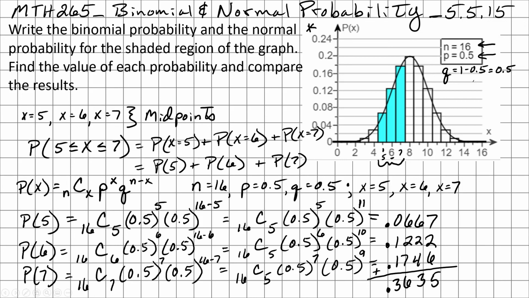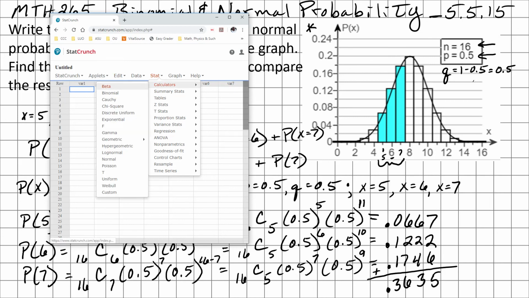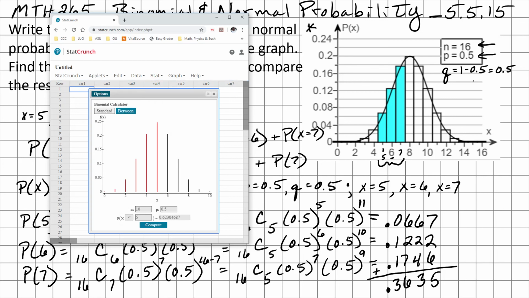Now, let's use StatCrunch to do this. StatCrunch is going to be an easy way of calculating the binomial probability. So let's bring that in. You'll log into StatCrunch through your problem. Once you're in there, you're going to hover over Stat, then hover over Calculators, and then select Binomial.